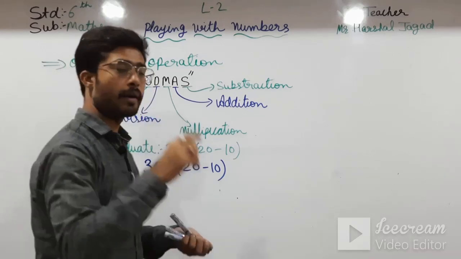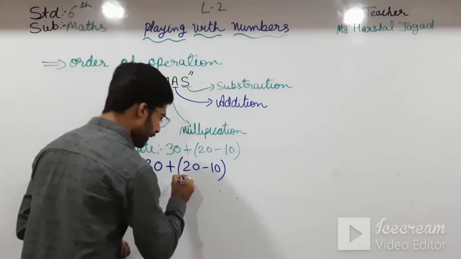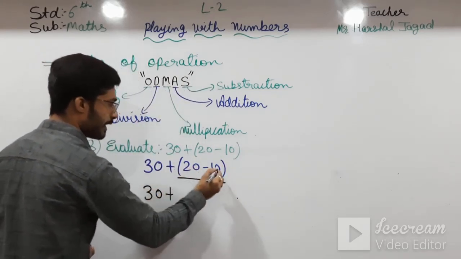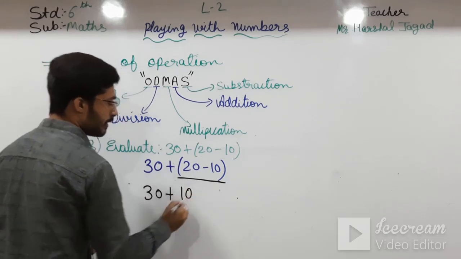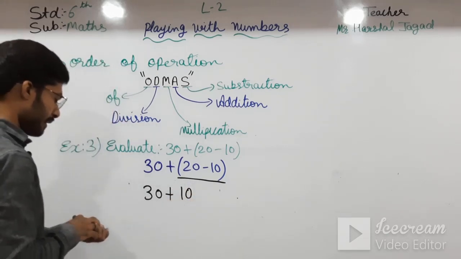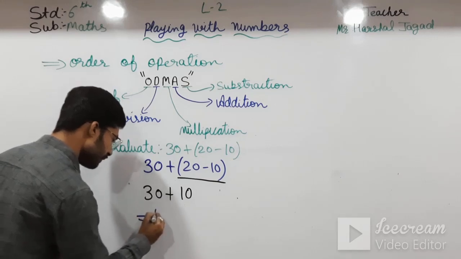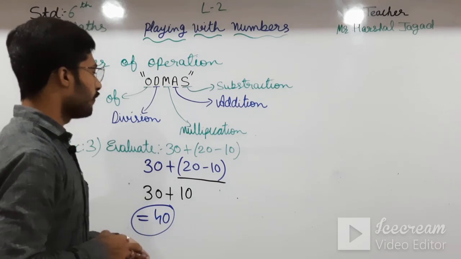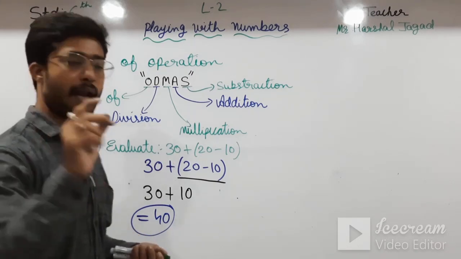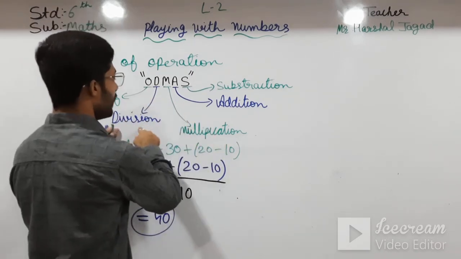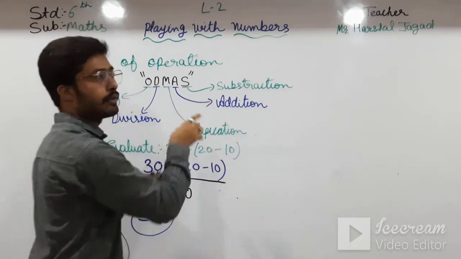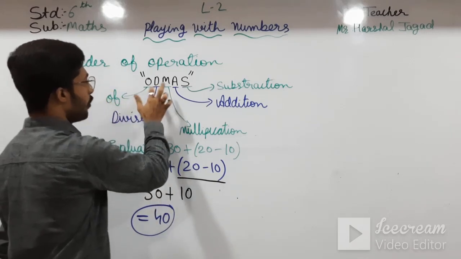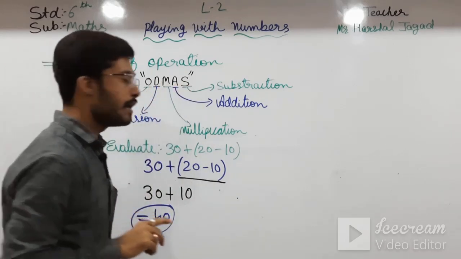You have to do the simplification of bracket, this. Okay students, so 30 plus 20 minus 10, that is 10. So 30 plus 10, that is 40 is your answer. Okay students, first of all, you have to simplify the bracket. If in bracket there is division, multiplication, addition, subtraction, then you have to first of all solve this bracket, and then you have to apply this ODMAS. Okay students, please note down this.